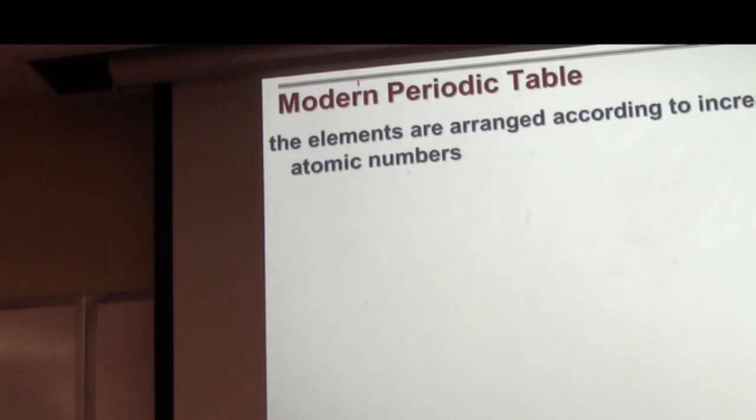Now the modern periodic table is different. We have atomic numbers, the top number, top right, that blue number on the periodic table, right? That's the atomic number. Then the element symbol is there. Then the atomic mass.